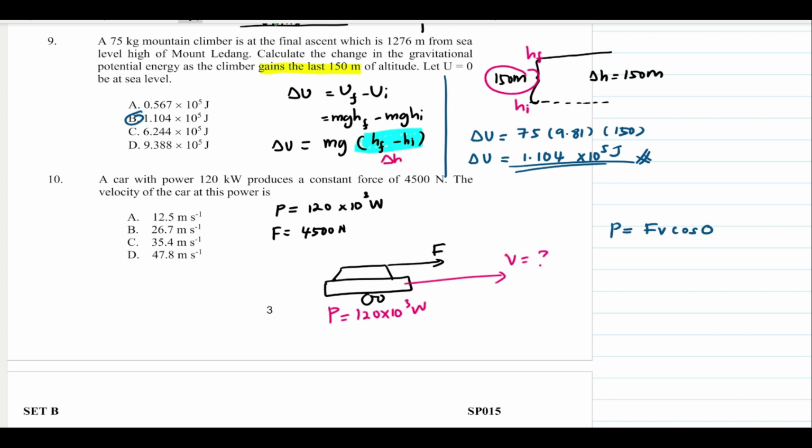Angle between F and V, same direction. So, F is 4,500. Power pun soalan tu dah bagi. So, hanya guna saja formula. So, you akan dapat jawapan dia adalah 26.7. Okay? So, this is B.